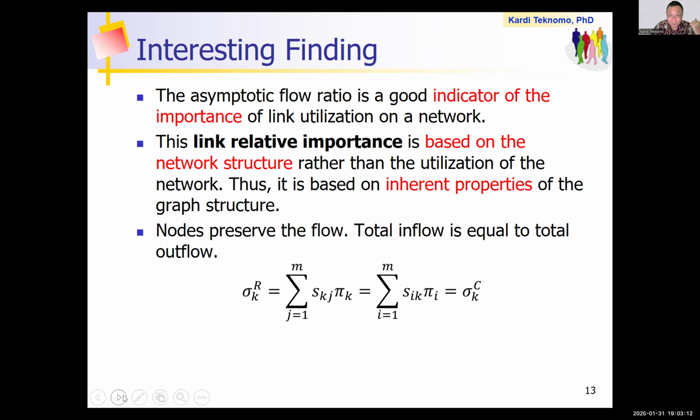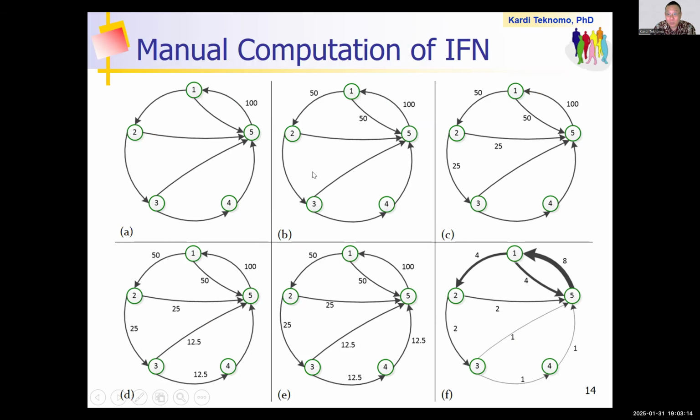So this is an example of how you compute manually. You can do it by hand. I have 5 nodes here, and I assign 100 here. Let's assume the distribution is equal. If you don't want equal, you can calculate more complicated.